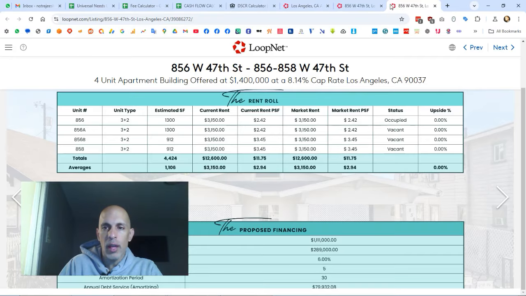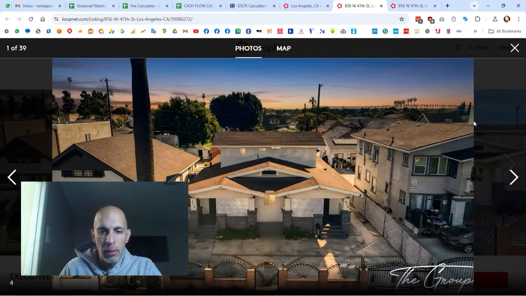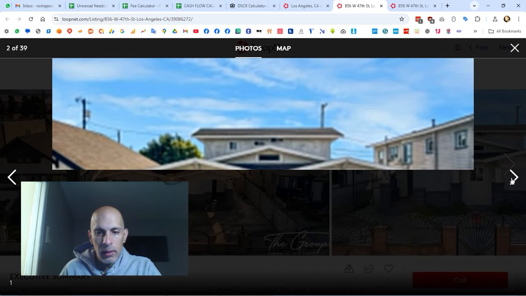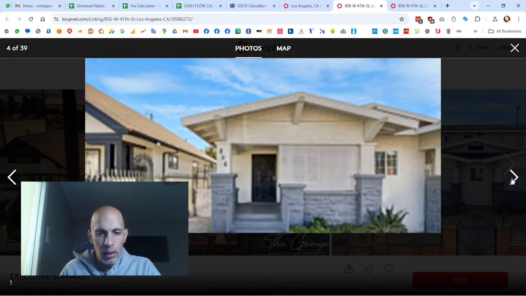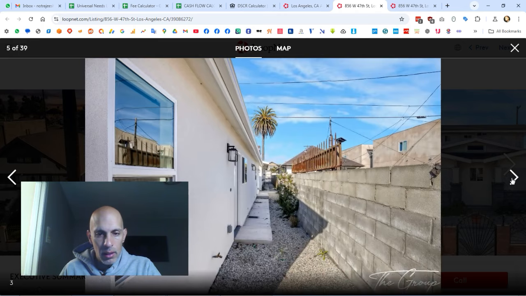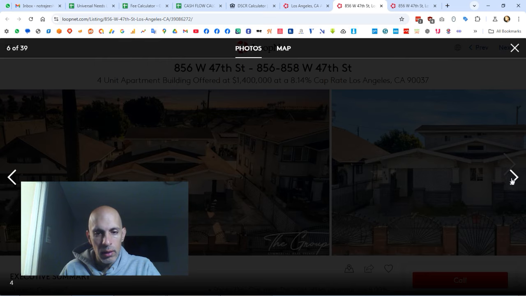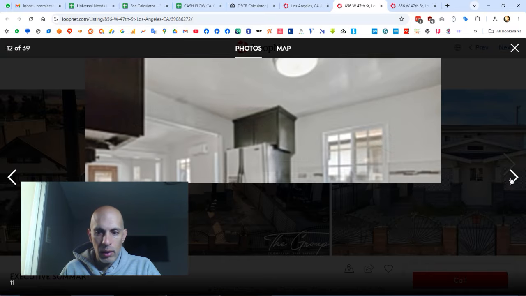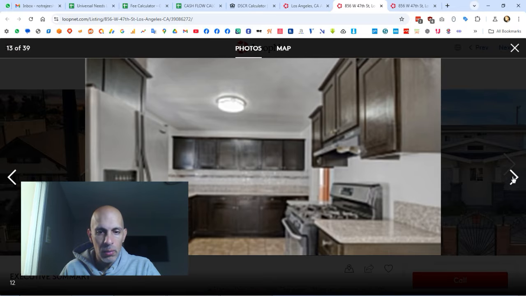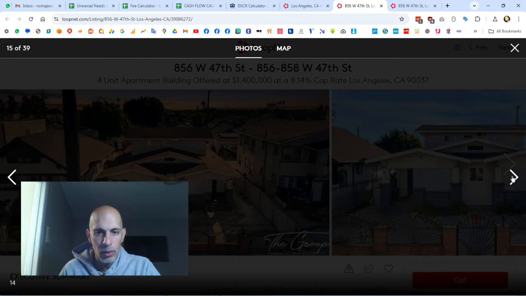And thanks to California's laws, you might be able to add an ADU. Let me see what this building looks like in terms of the lot and everything. So you've got side entrances here. They're nice looking. I can definitely see these getting $3,100 a month in this part of town.